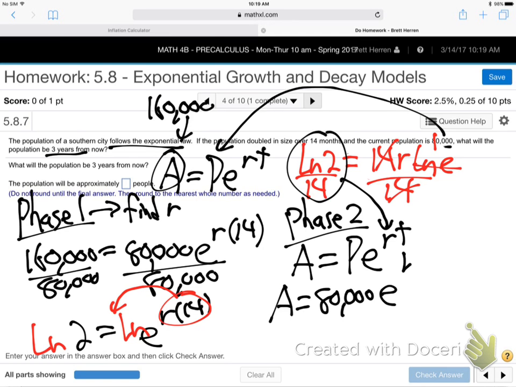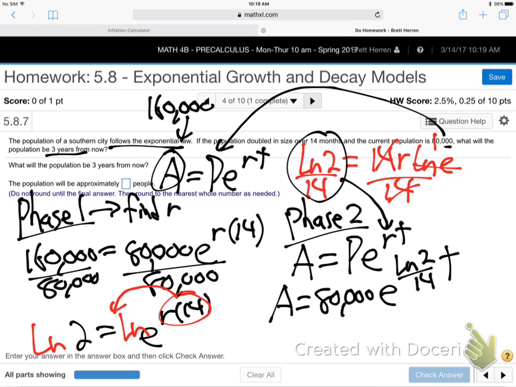The R is ln2 over 14t. We good to there? I want to do some trickery with that little power thing. You with me? Everybody caught up? We on the same page? I don't want you to miss this.